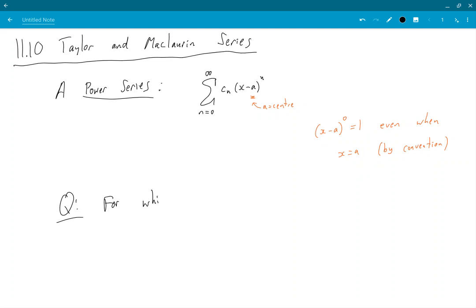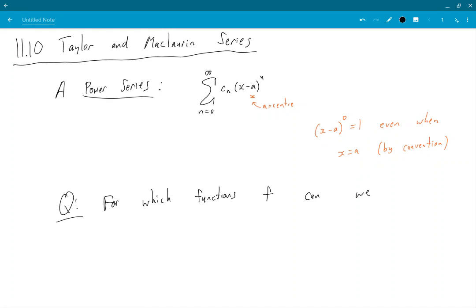For which functions f can we write f of x is equal to a power series, sum of Cn (x minus a)^n?